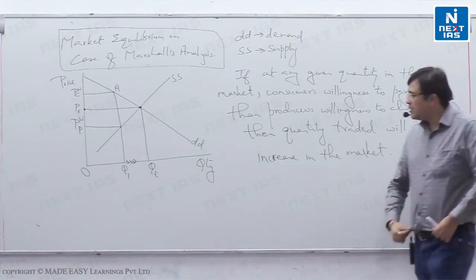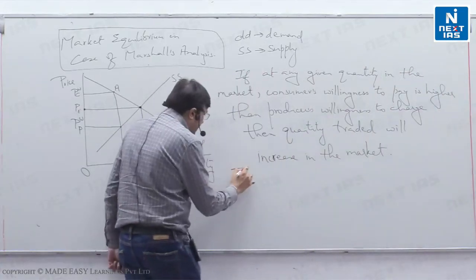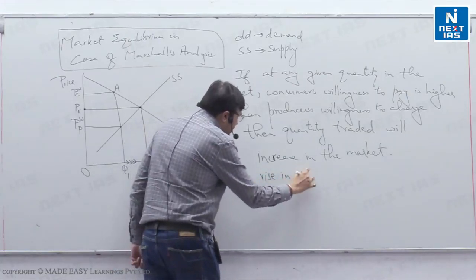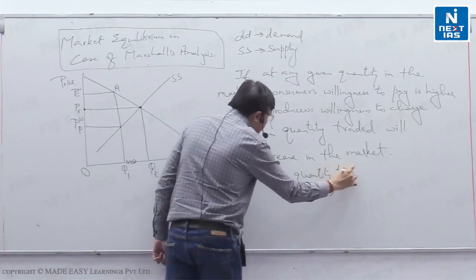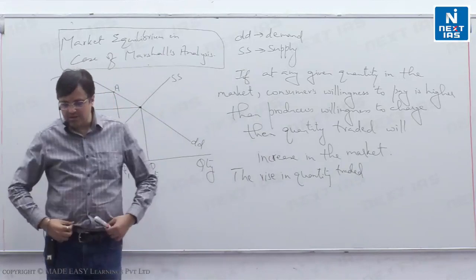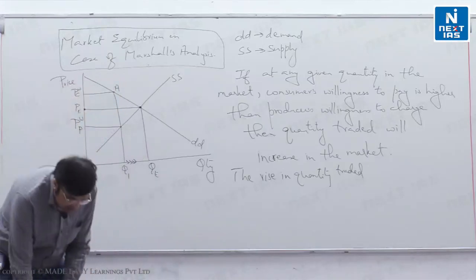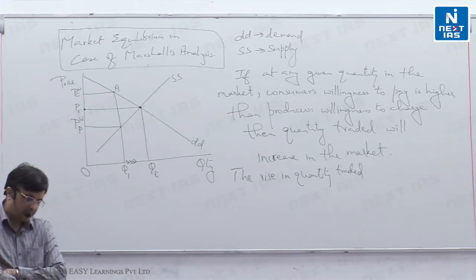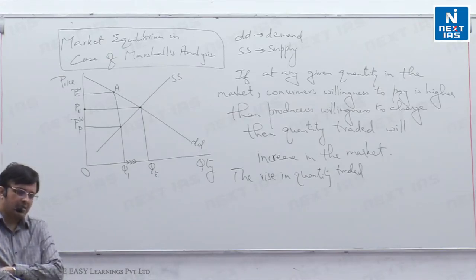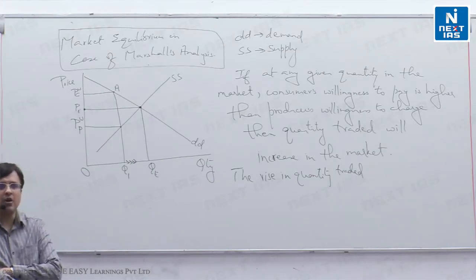All right, then you can take: the rise in quantity traded will result in reducing willingness to pay, and the basic idea is the law of DMU, that as quantity traded is rising, I'm getting more, my willingness to pay is falling.